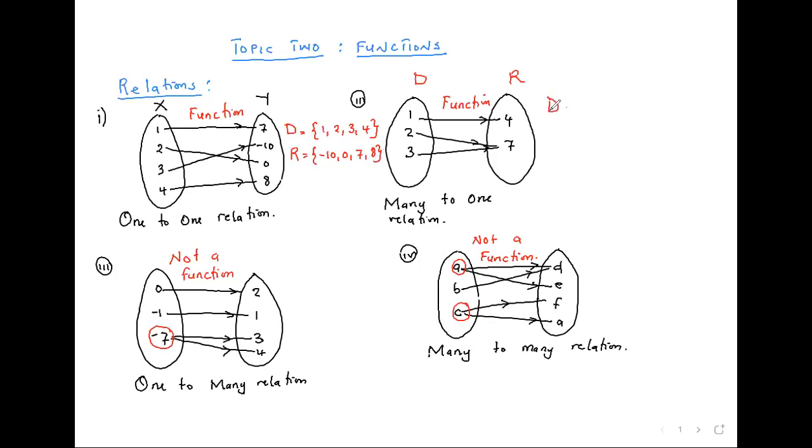The domain for this function is 1, 2, 3. The range for this function is 4, 7. So we're only able to find the domain and range of functions, not just any relations. So we won't talk about 3 and 4.